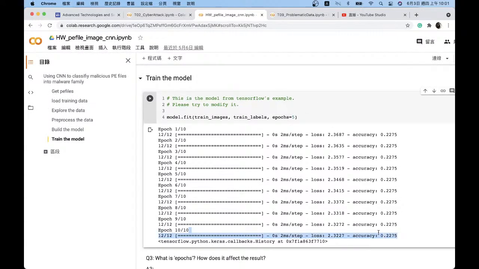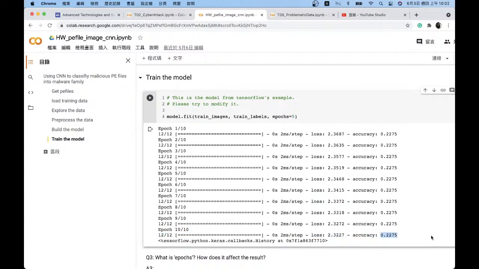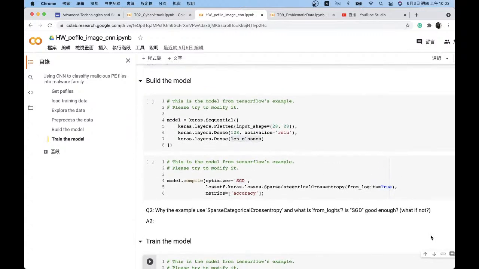Right here, the accuracy of classifying those 365 samples. If we do tenfold classification, the result is only 22% of the data classified into the correct categories. But that is the data I provide to you.